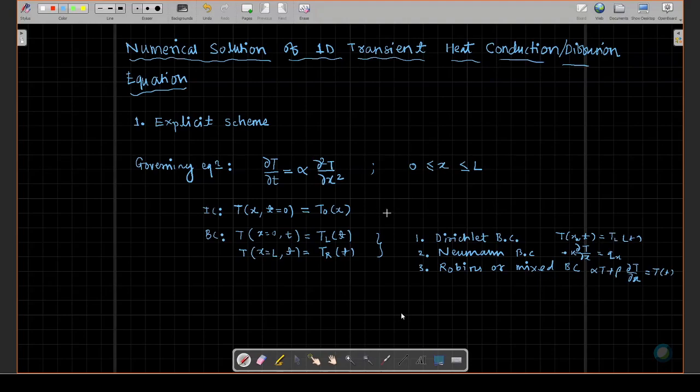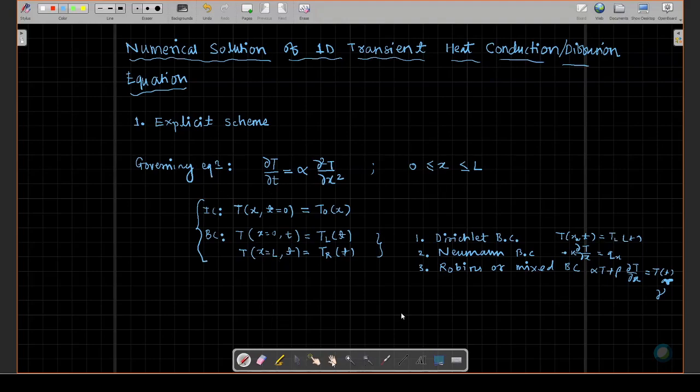Okay, so now let us assume some boundary conditions. So let's say this is gamma, or this can be some function gamma. These are general boundary conditions we are discussing. Now let us consider some boundary conditions for this governing equation.